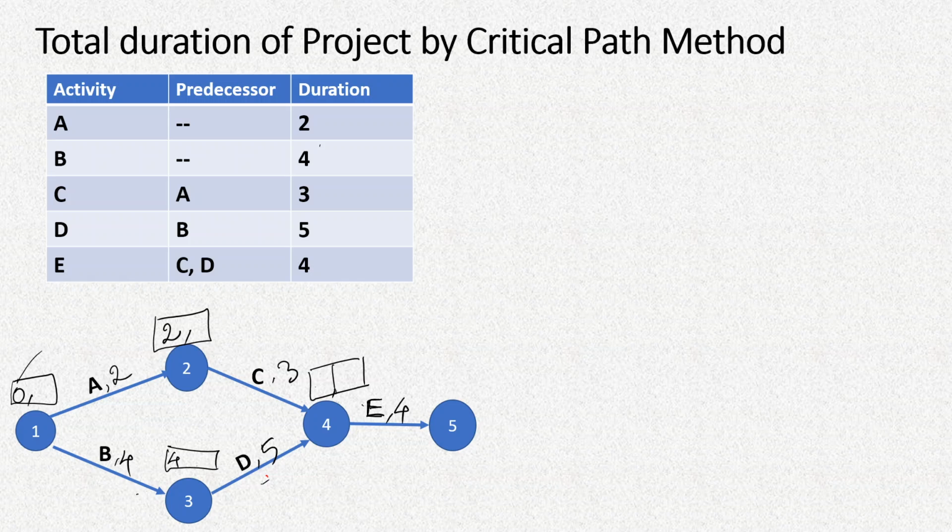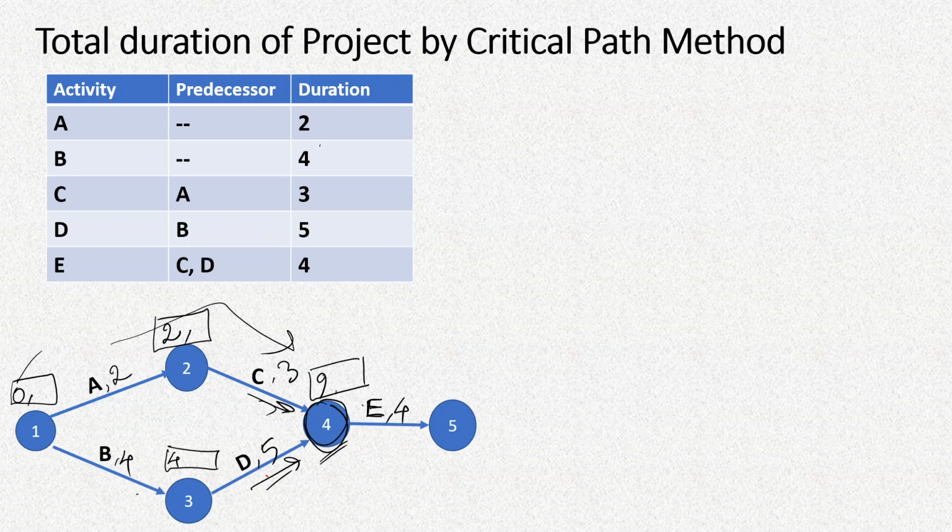And therefore here on this column, which is common to both C and D, if we want to write when this event represented by node 4 will occur, that means when both activities C and D will be completed, that will be the 9th day and not the 5th day, because on the 5th day only A and C will complete but not B and D. This node number 4, as you can see from the network diagram, has 2 arrows, this one and this one, meeting at this node.